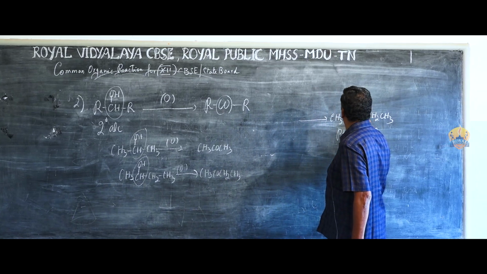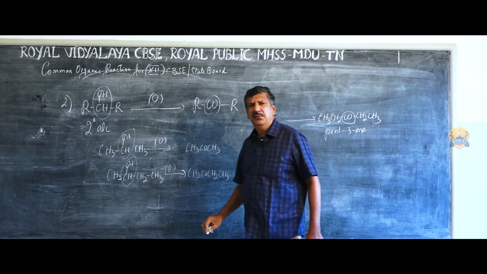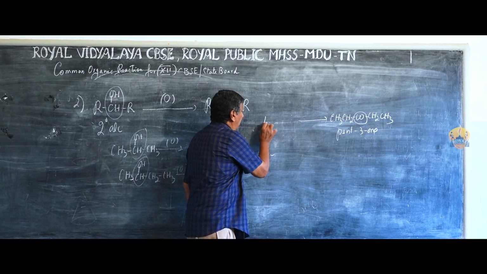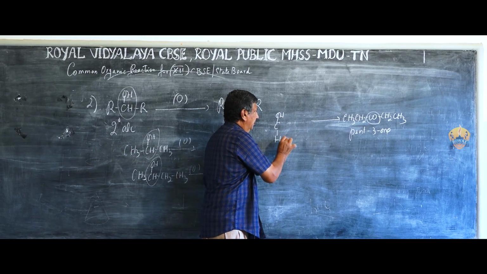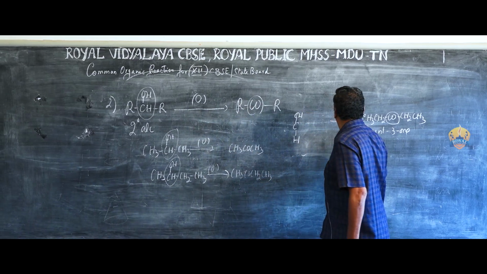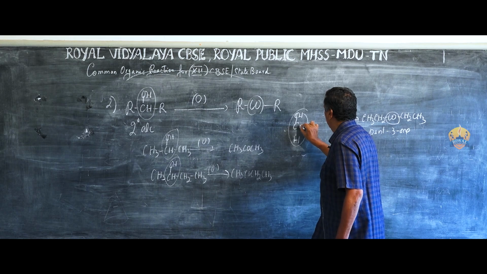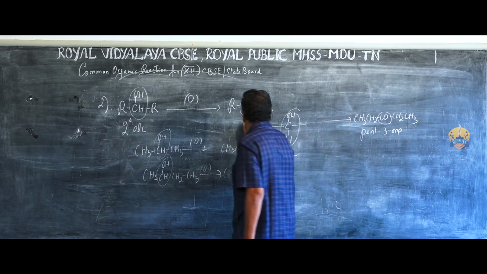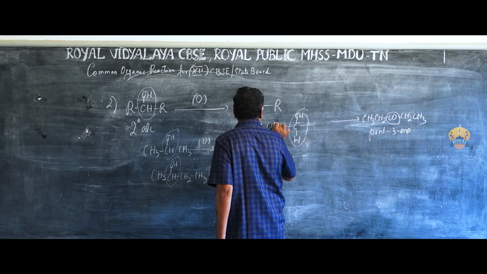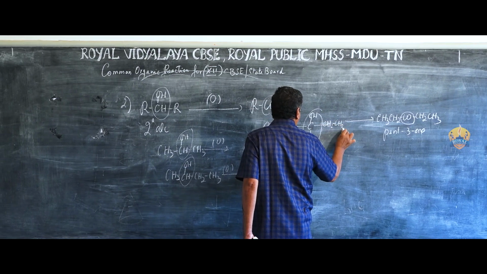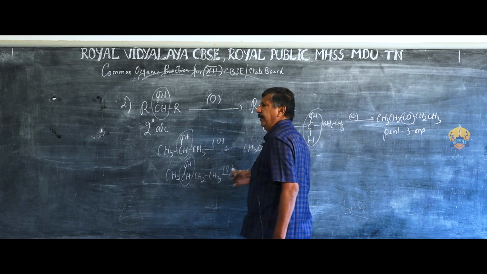You see, we are having the CO. You convert the CO into CHOH. First you do that one. Then you see this one. Now you can write the answer and you write oxidation.